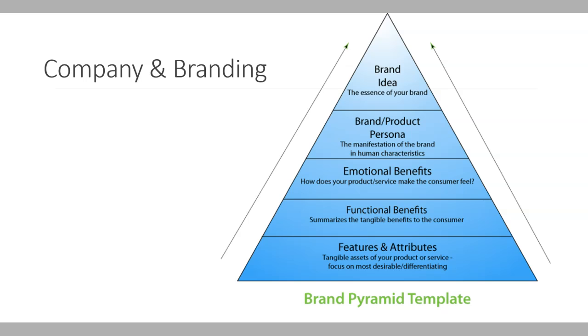And within that is the identity of the individual connected to the brand or the product persona, this manifestation of the brand with those human characteristics. This is slick. This is well designed. This expresses me as an individual. And that leads us to that essence of that brand idea that lives in the minds of consumers.